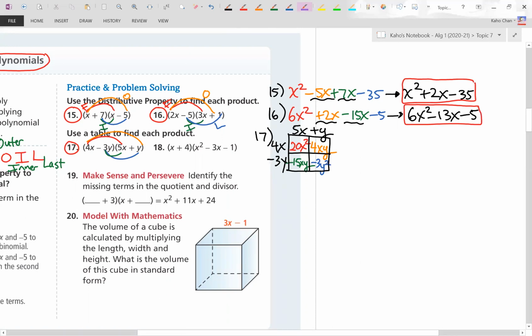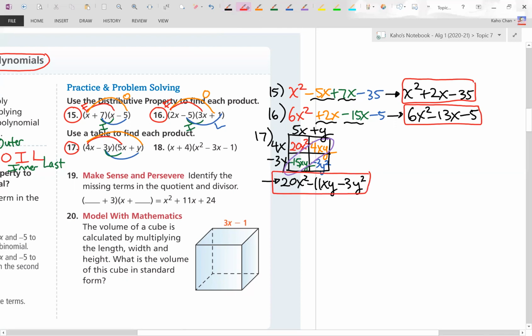The diagonal, in this case the outer and the inner terms, will combine together. 4 plus -15 will give me -11? Yeah, it will be. So let's put that answer down right now. Final answer, 20x squared minus 11xy minus 3y squared is the answer.